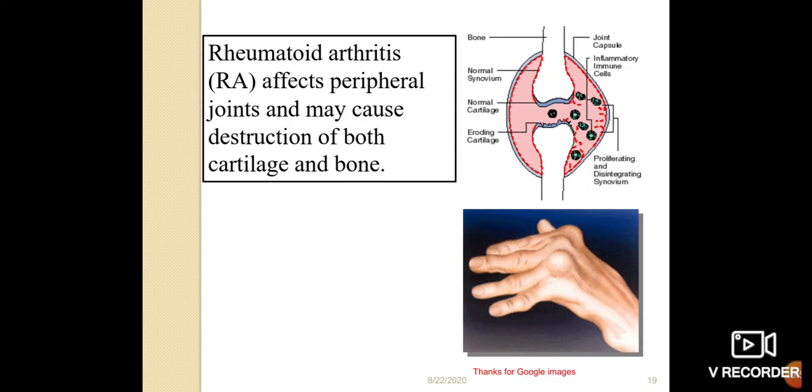Rheumatoid arthritis is bilateral, not unilateral. Rheumatism can be bilateral or unilateral. The shape of rheumatoid arthritis is different. There is a distortion of the joint, not only enlargement of the joint, and it can be shown in the x-rays.